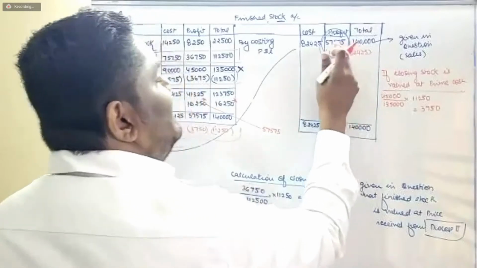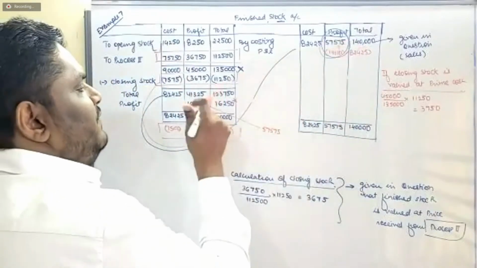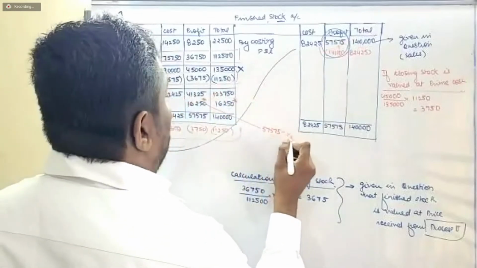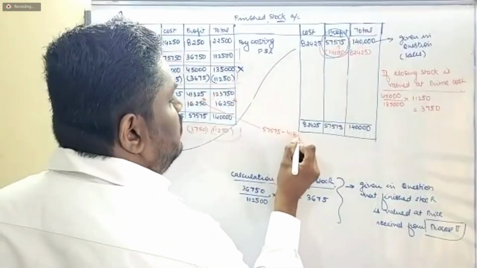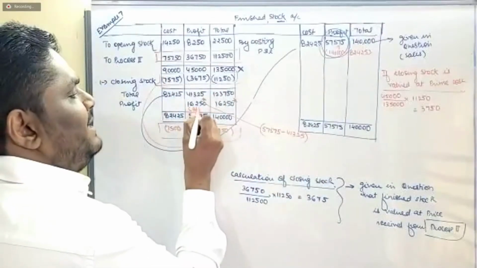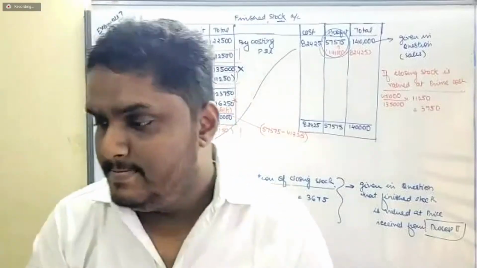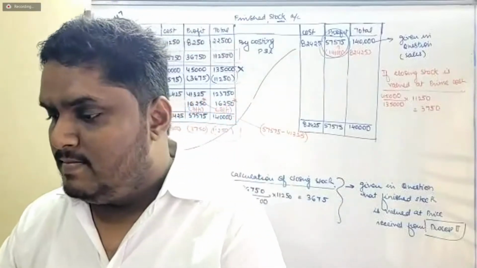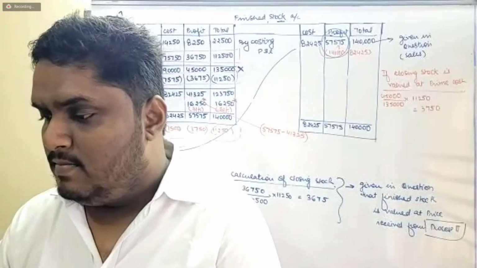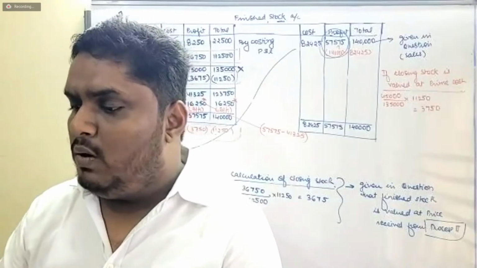This is how I got 57,575, and 57,575 minus 41,325. So 16,250, that is my balancing figure. Yes, Dhyanesh, this is my overall profit.